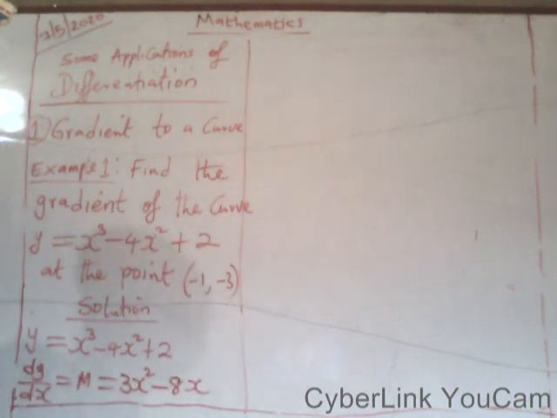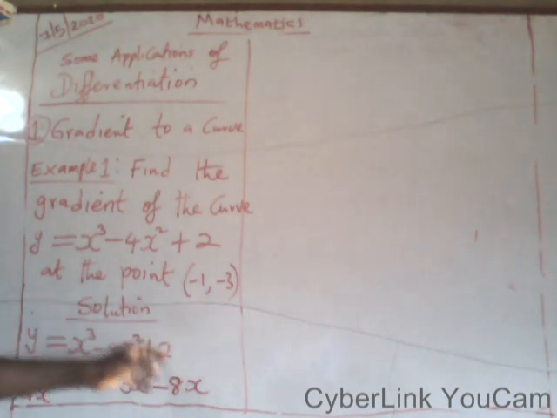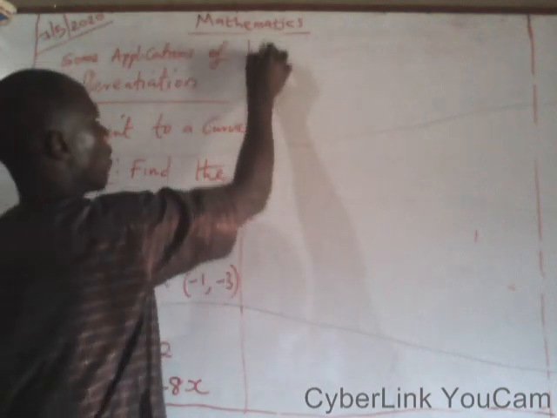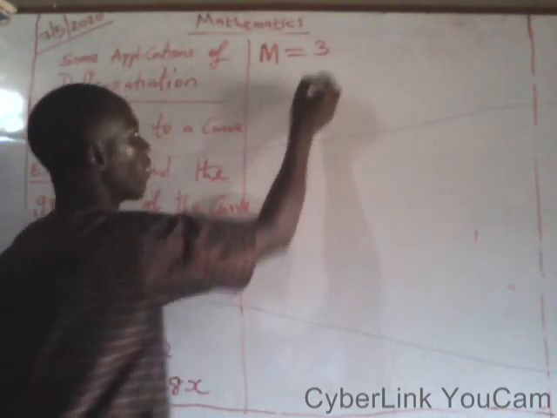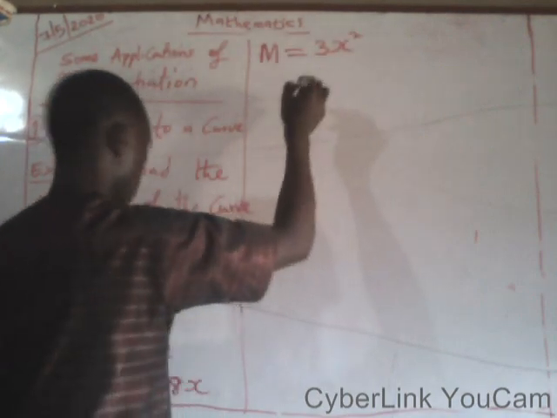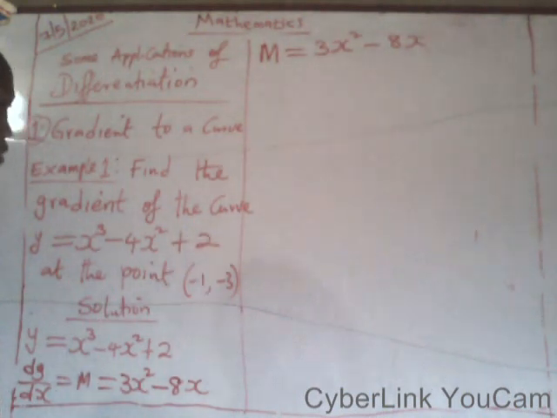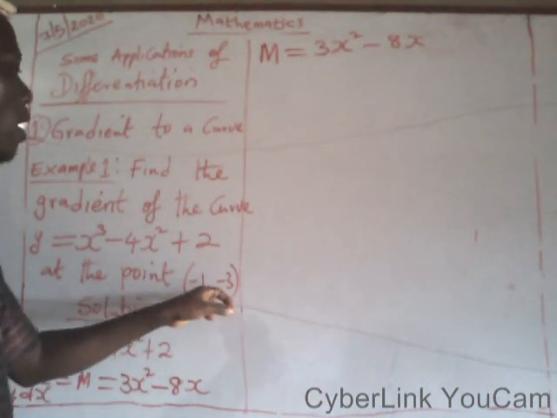Then you know that the derivative of the constant is what? 0. So if you differentiate 2, you have 0, so we don't need to write that. So that means that our m is equal to 3x squared minus 8x.